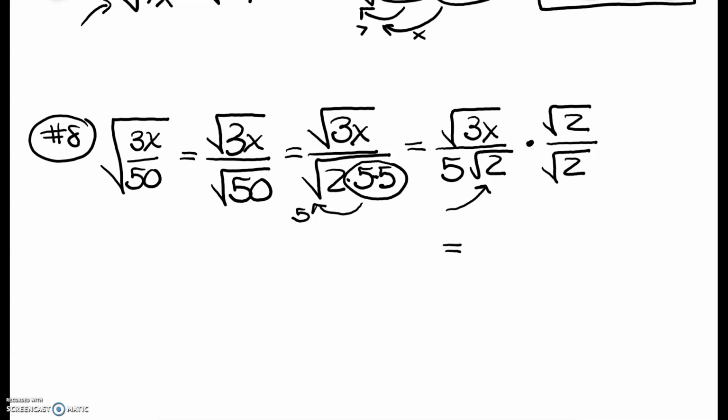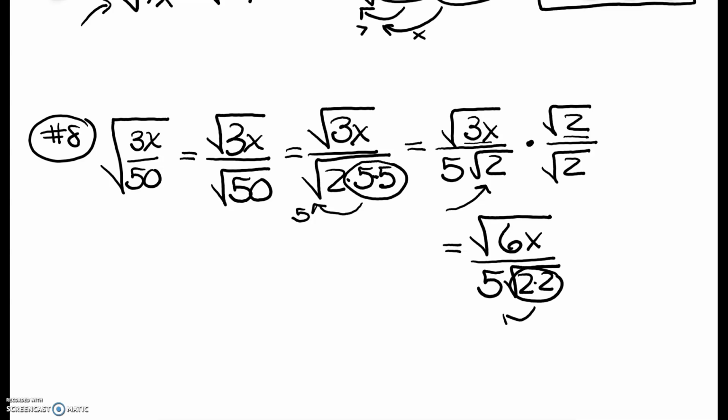So when I multiply, I have square roots, so I can multiply what's underneath. 3 times 2 is 6. And then I get 5 square root of 2 times 2. And I have a group of 2 here, and I pull it out. So I get the square root of 6x over 5 times 2 is 10.